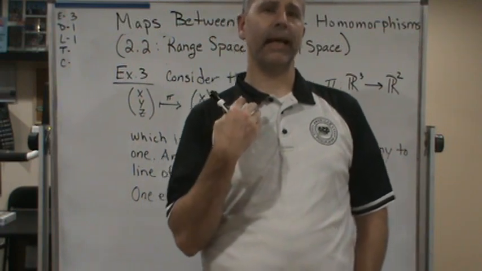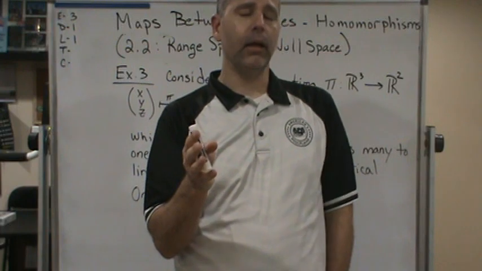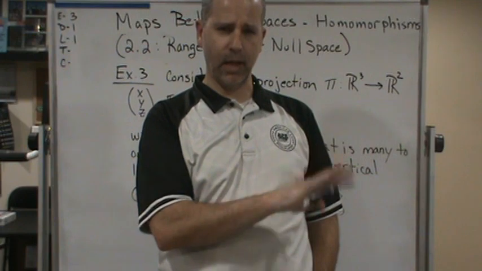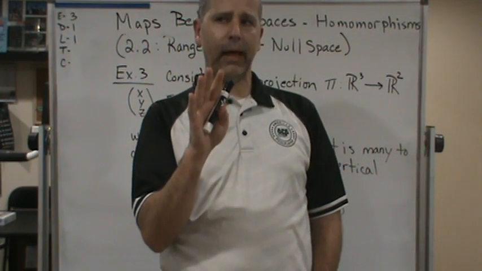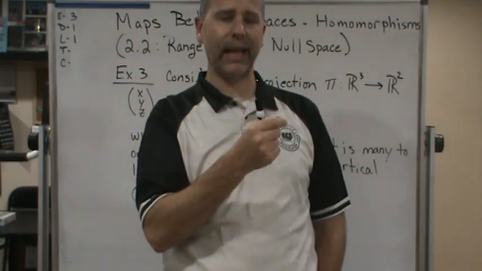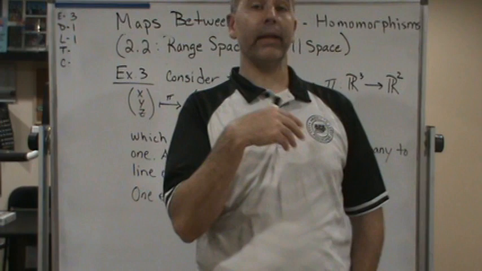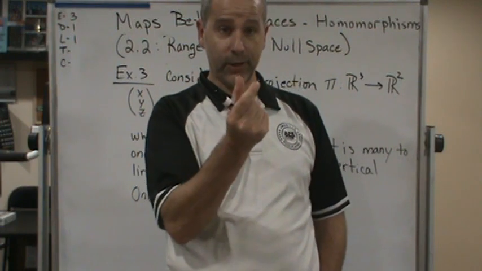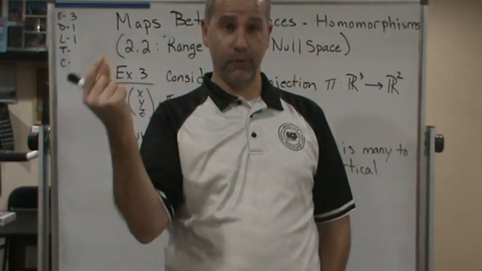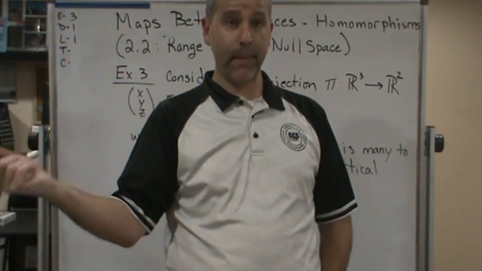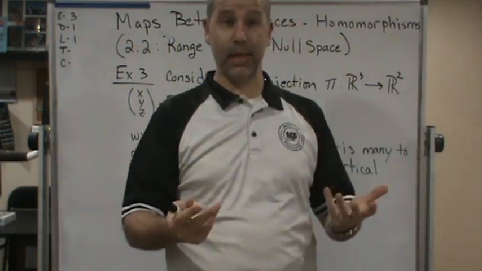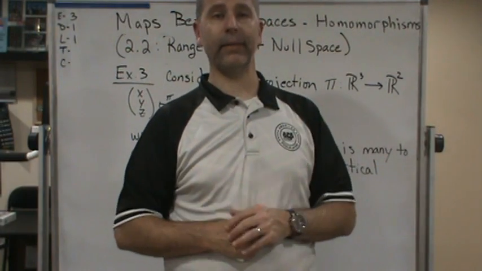And that brings up the idea that, if you recall, for any function that goes from one vector space V to another vector space W, if it's a many-to-one relationship, then there's going to be what we call an inverse image, where for every vector in the codomain there's going to be a set of vectors in the domain that map to it. And so that's what we call the inverse image, and we're going to talk about that more.